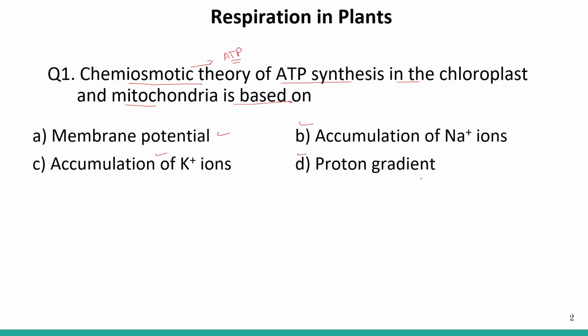So what happens during formation of ATP? There is a downhill transfer of electrons. Let's talk about mitochondria. If this is the inner membrane, here we have the matrix, and here we have the intermembrane space.